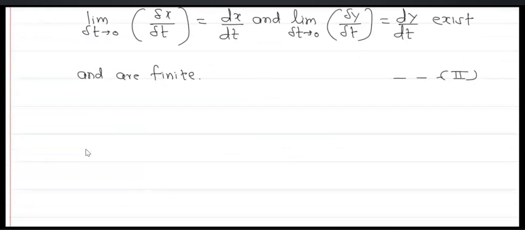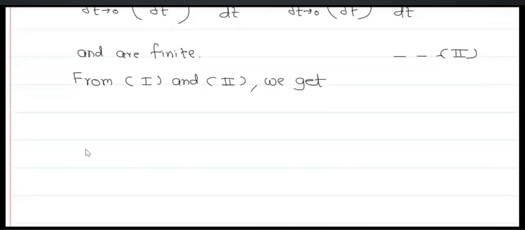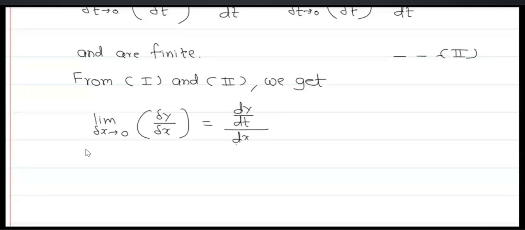This is number 2. From 1 and 2, we get limit delta x tends to 0 of delta y upon delta x is equal to dy by dt upon dx by dt.